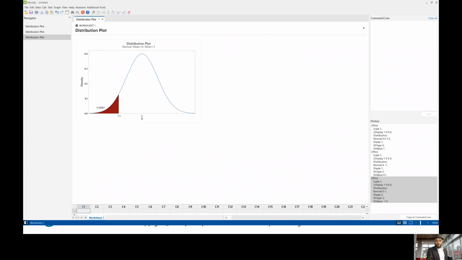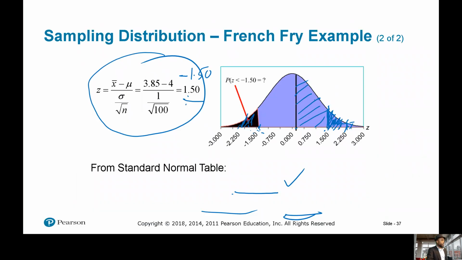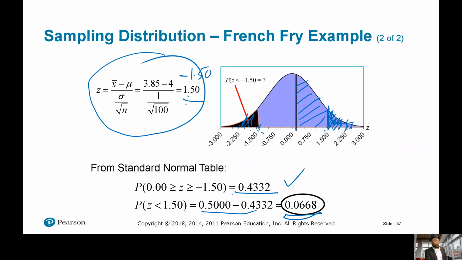Remember in class we got 0.0668 using the normal distribution table. So as you can see, that was 0.0668 using the table, and it's the same answer using Minitab.